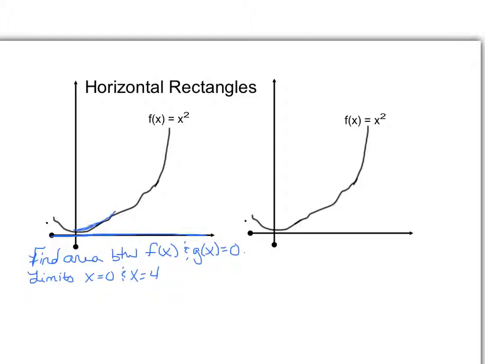I don't have a very nice smooth curve because I tried to draw it with a mouse. And then x equals 0, which is here, and x equals 4 is here. So I'm trying to find this area here, and I can clearly see that x squared is my top curve.